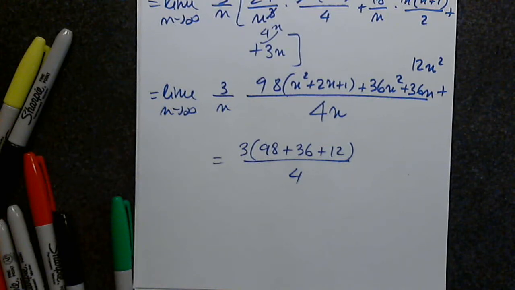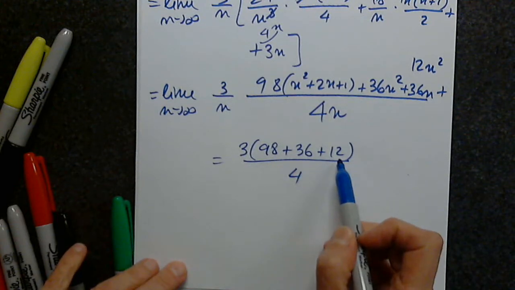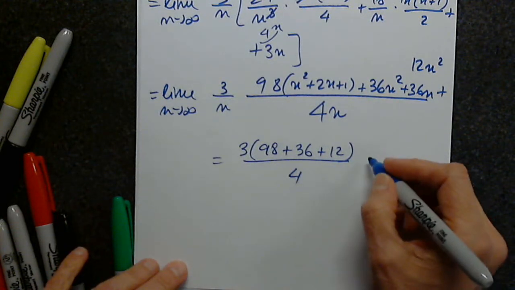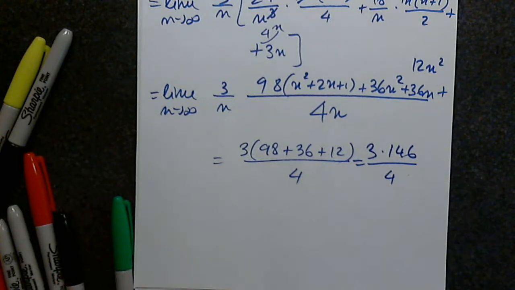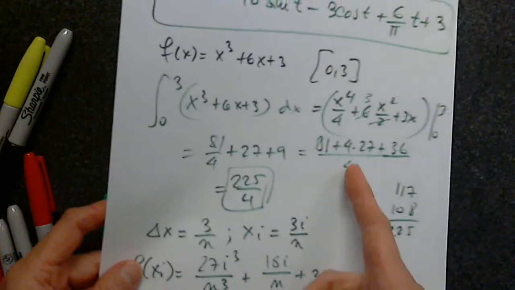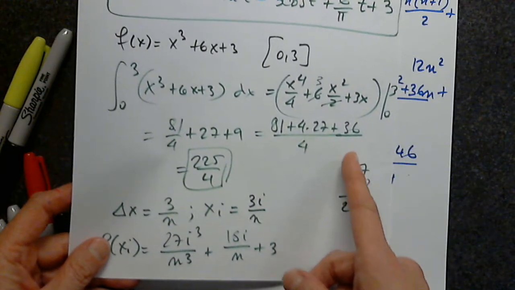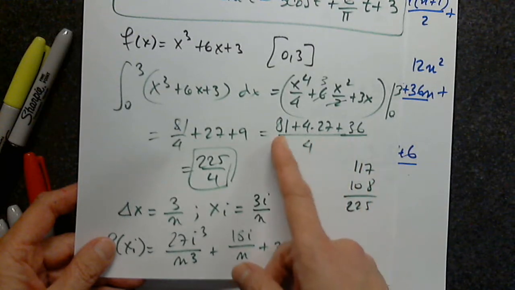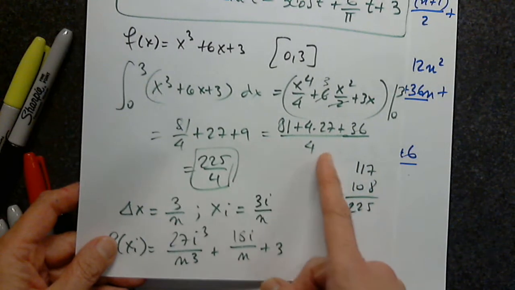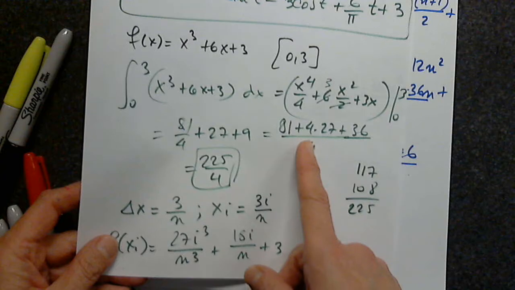Since I just became lazy, oh, actually I shouldn't, because this is 110, 146, right? So 3 times 146 divided by 4. And if I'm not getting what I started with, and I'm not, 225, unless I made an error here. No, it's 117.